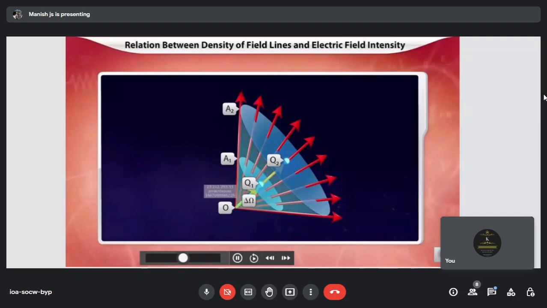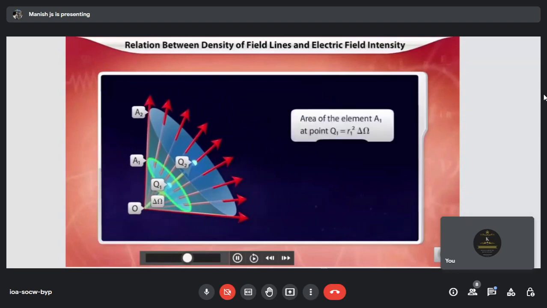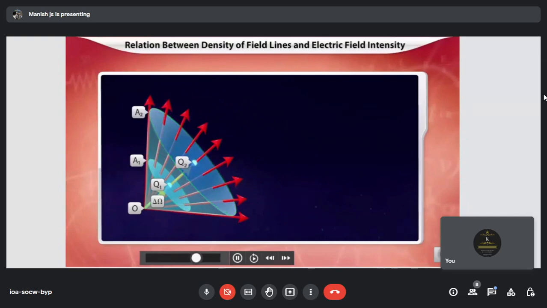Note that the number of field lines, say N, remains identical within the solid angle cone. The area of element A1 is given by the following equation. Similarly, the area of element A2 is given by this equation. Since the number of field lines passing through areas A1 and A2 are both equal to N, we may wrongly interpret that electric fields are equal at A1 and A2.